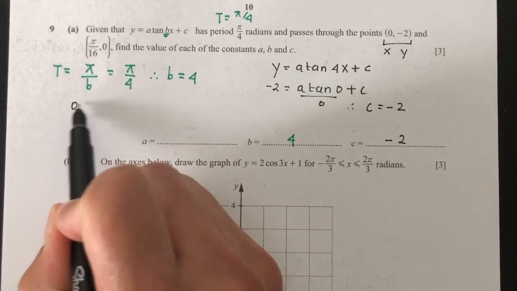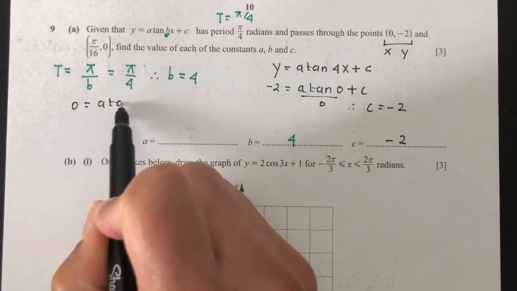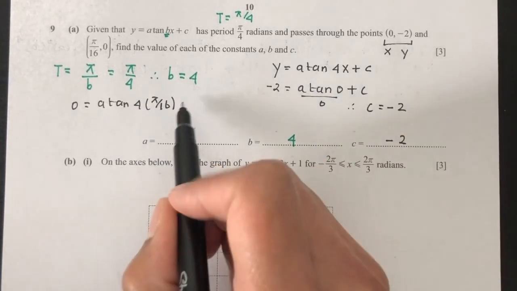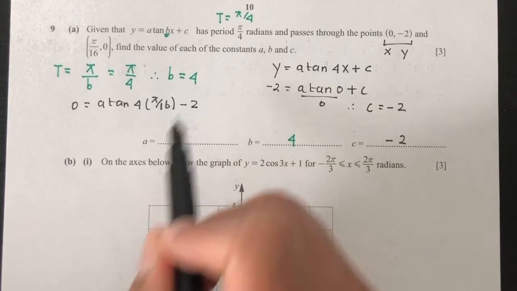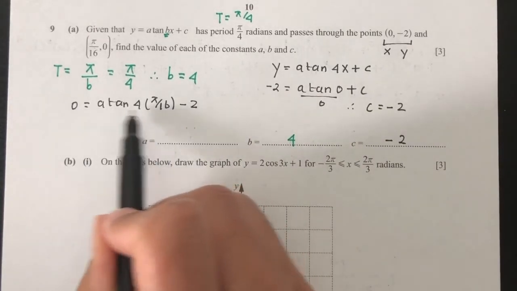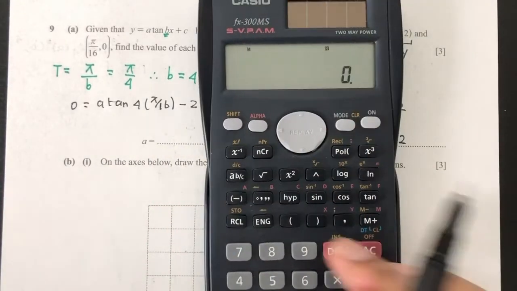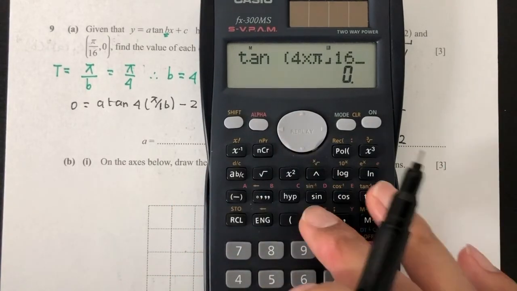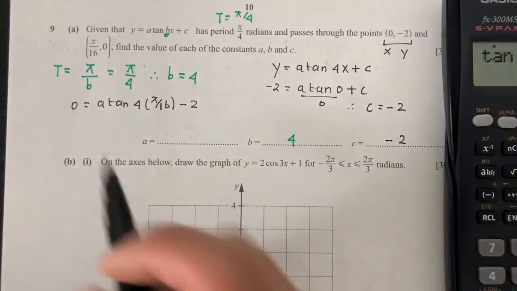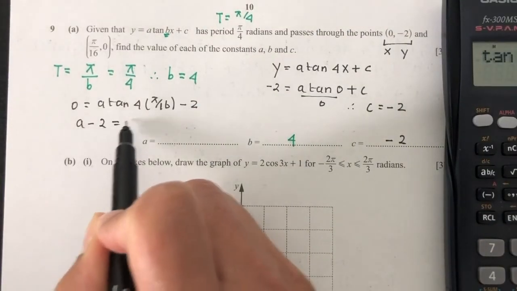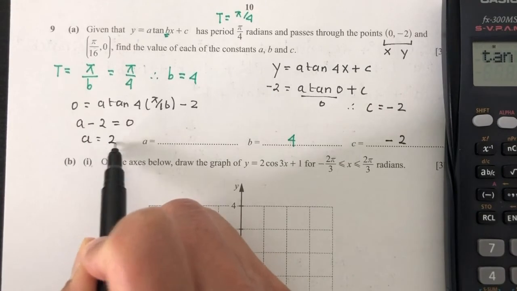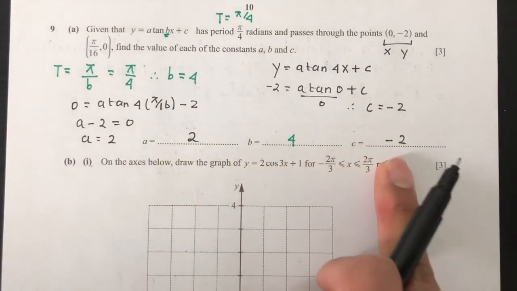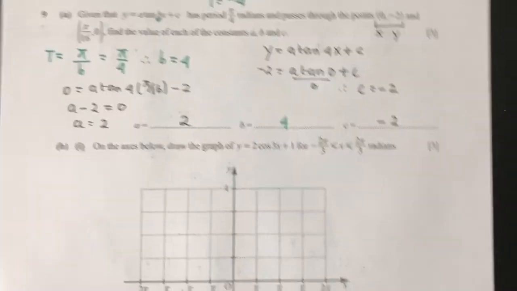So y is 0, x is pi by 16: a tan 4 times pi by 16 plus c. c is minus 2. So let's see what happens. So what does this one become? So tan of 4 times pi over 16, that should be 1. So basically a minus 2 is 0. So a is equal to 2. So here you go. Part 1, a is 2, b is 4, and c is minus 2. That is part 1 of the question.